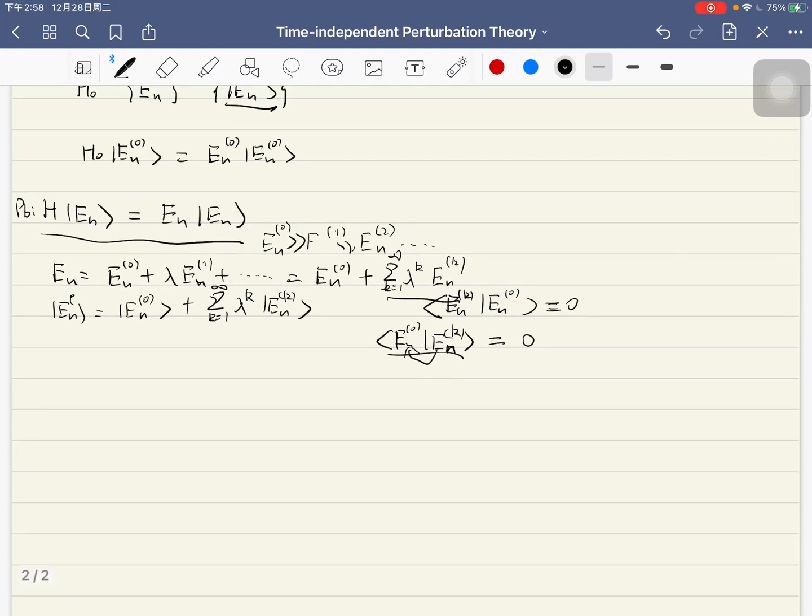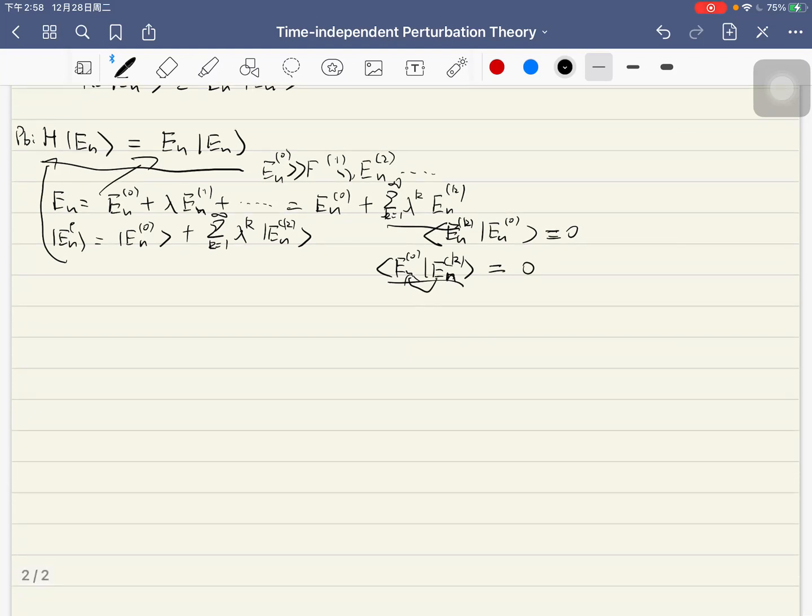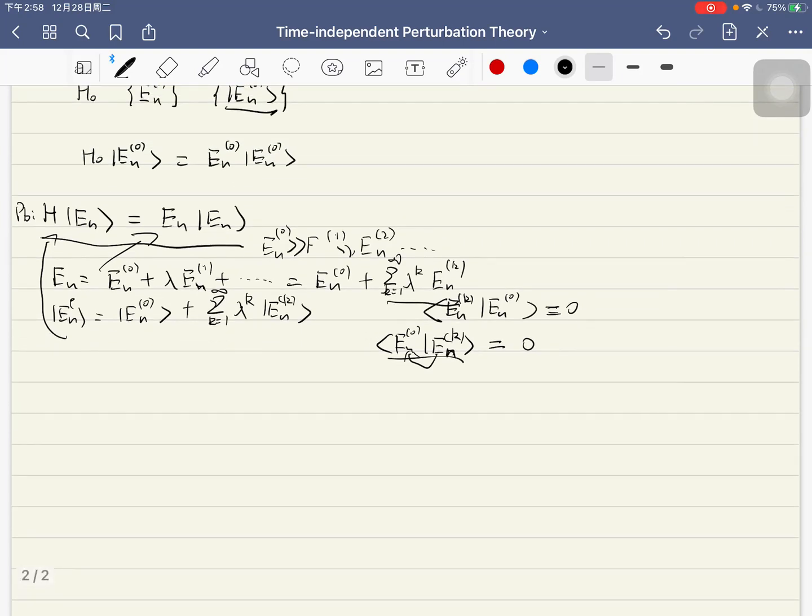So we take these expansions into the original equation. First of all, we calculate the left-hand side.